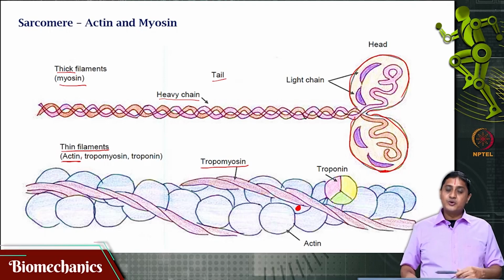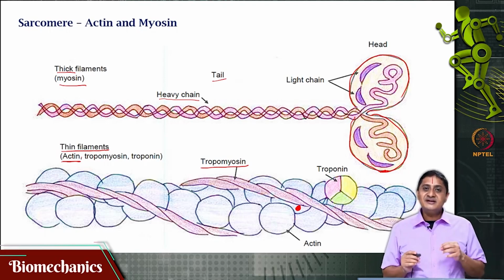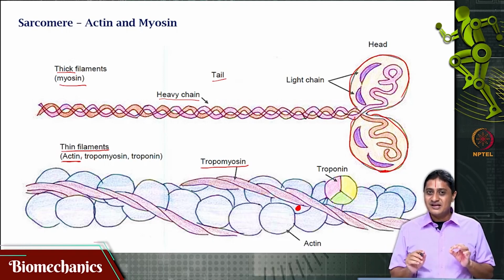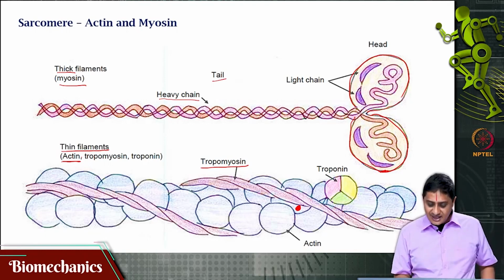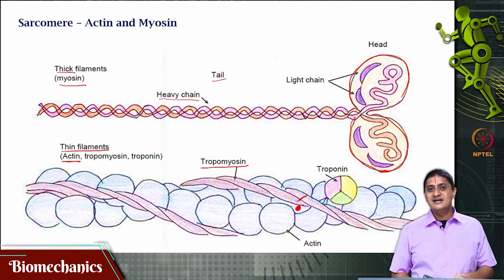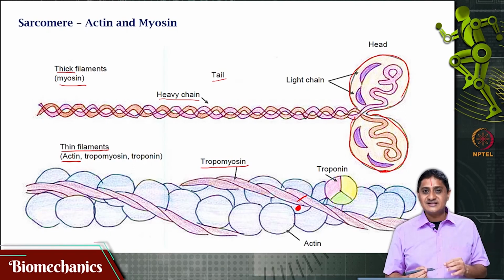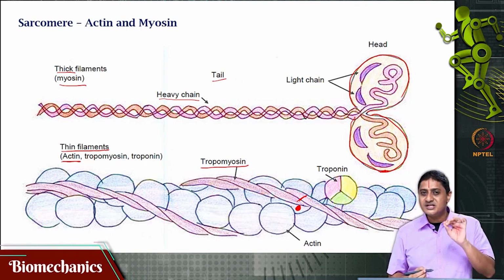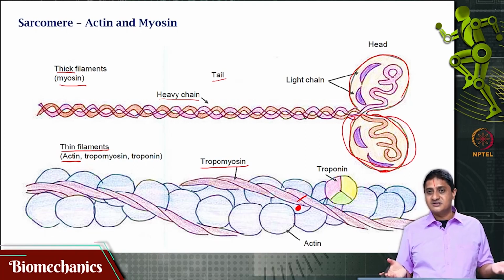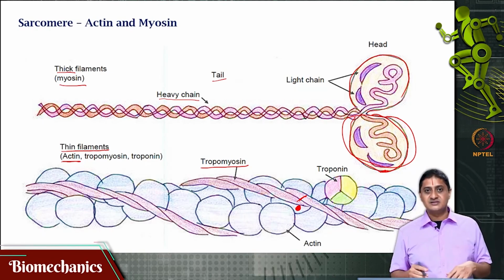The nature of this troponin is such that when it detects the presence of calcium, it undergoes a conformational change, a structural change that slightly moves this thread, thus exposing the binding sites, the crucial regions where the myosin head can attach. The myosin head is always present. The binding site on the actin, or the thin filament, is also always present, just that it is hidden. It is like this.